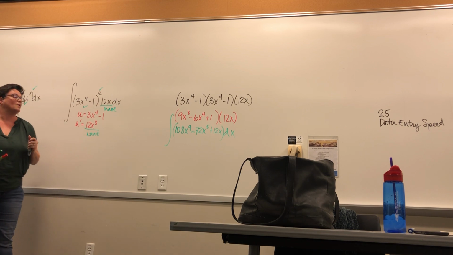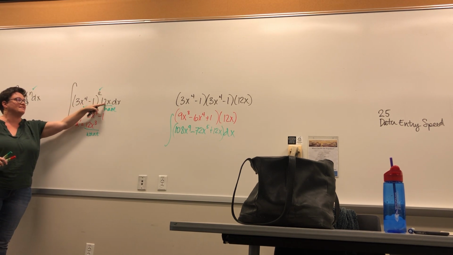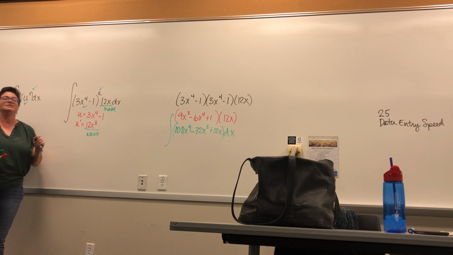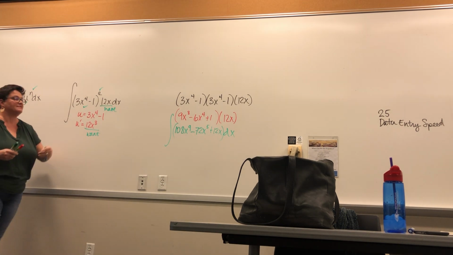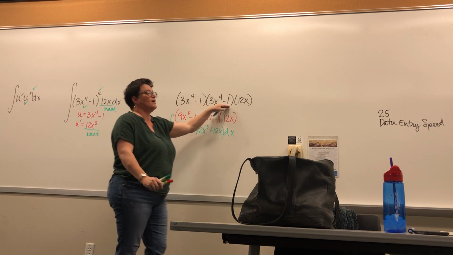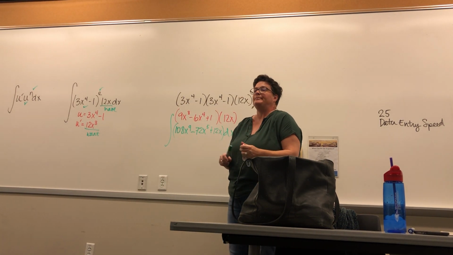Groovy? Yep. Okay, so then we have to make it look like the template, and there's no way to make this look like that. We need precisely u prime in order to integrate, and we can't make it look like that. So we have to back up, FOIL it all out, and integrate it using integral number 1.